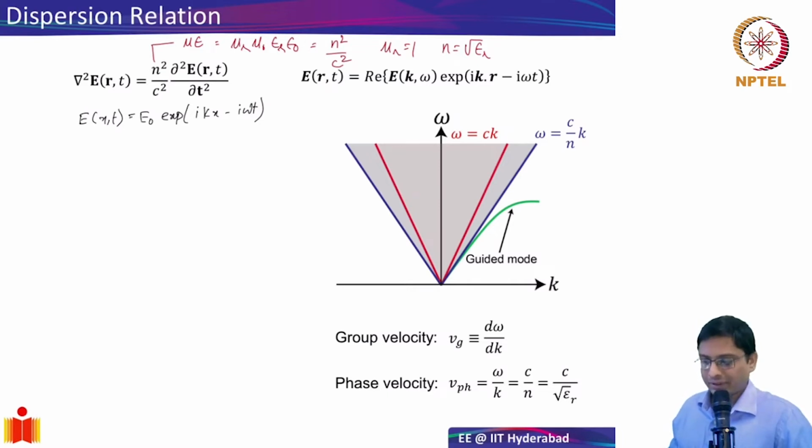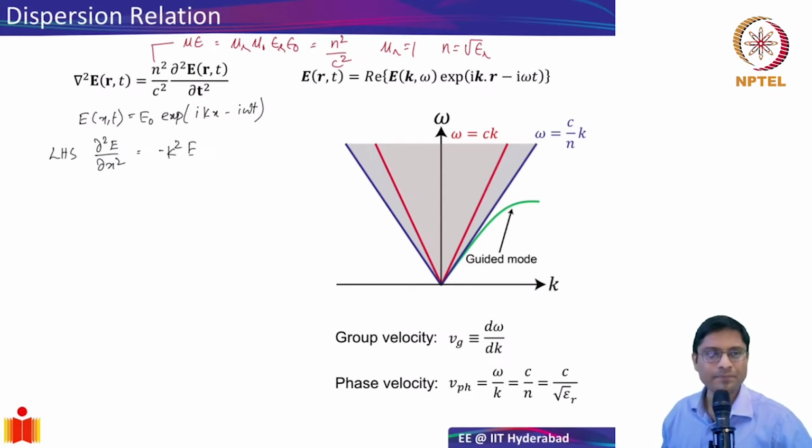So what happens? Let's apply this E. The LHS is now going to be the second derivative in space, d x square. That is going to be minus k square, the same E. The second derivative will turn out to be that.